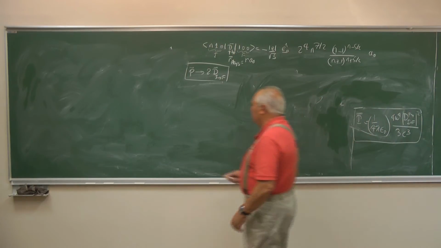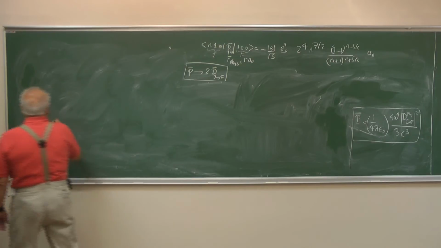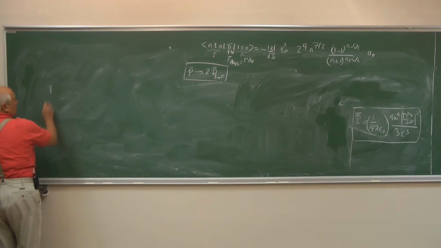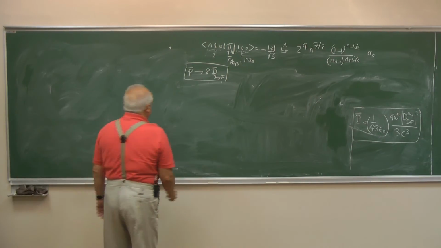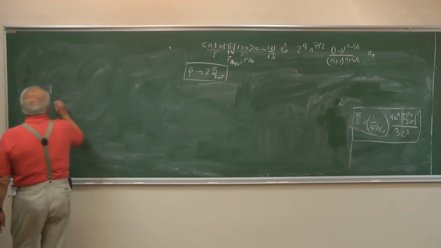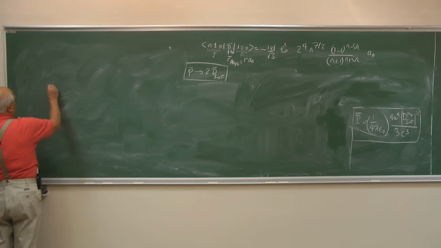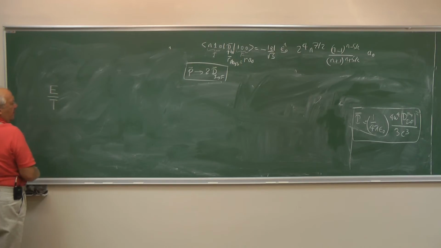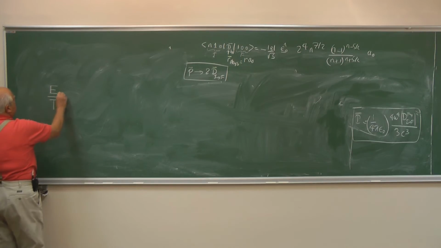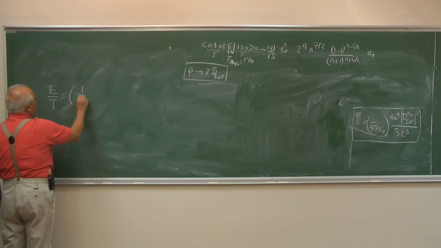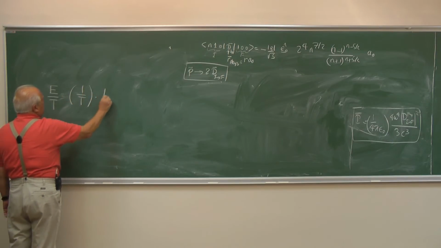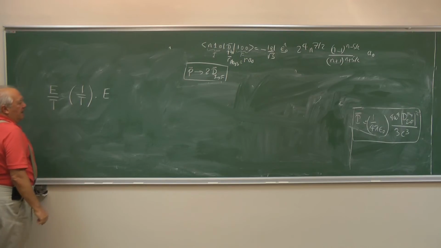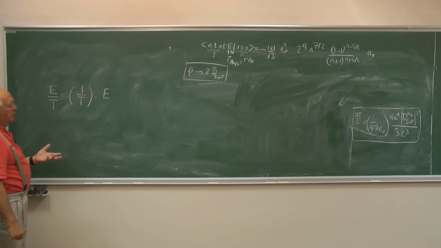So power here, this is the power radiated. This is energy per unit time. So I can write this thing as 1 over time times the energy, the energy of the outgoing photon.